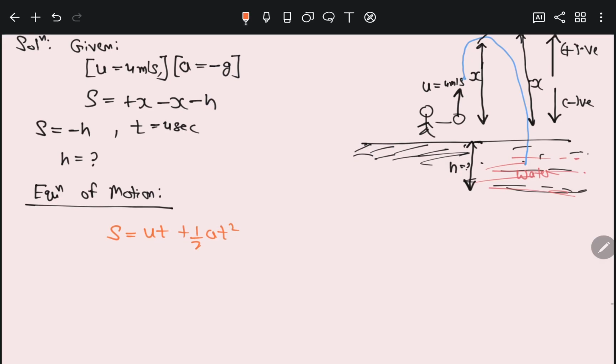In this question displacement is minus h, initial speed is 4, time is 4, acceleration is minus g. So minus h is equal to 4 times 4, which is 16, plus half times minus 10 times 16, that is minus 5 times 16.